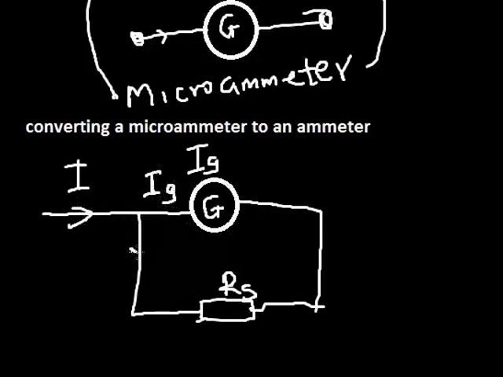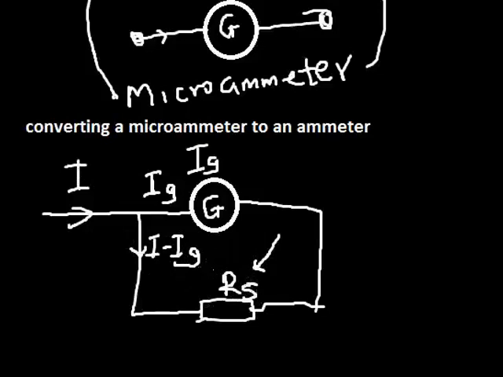The excess current is equal to I minus IG, and that is what will enter into the shunt. So you'll be asked what this resistor is that will take this excess current.